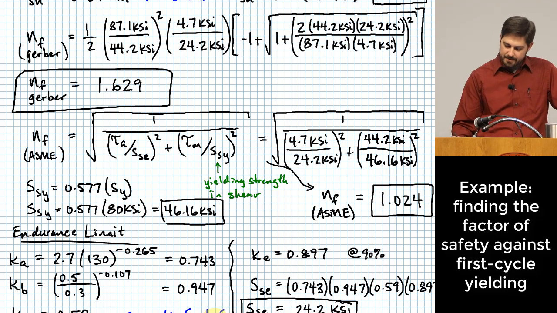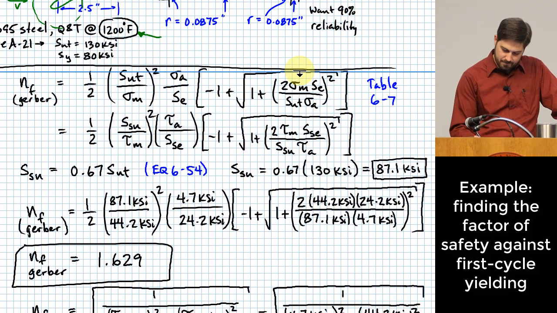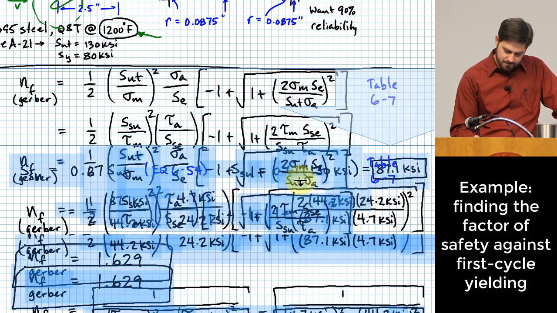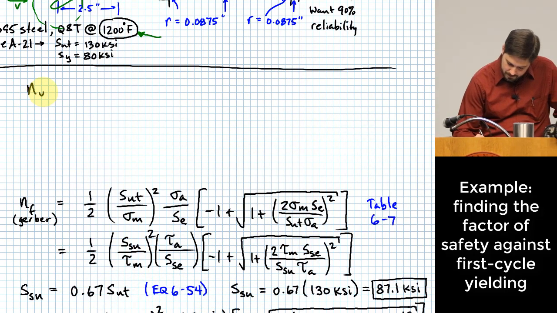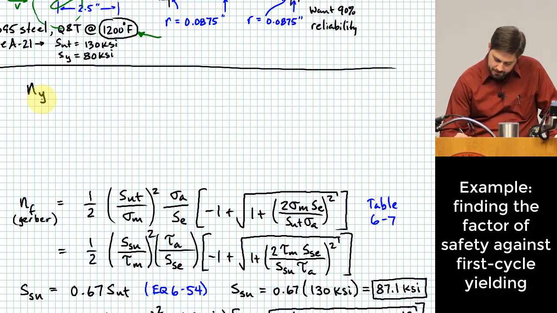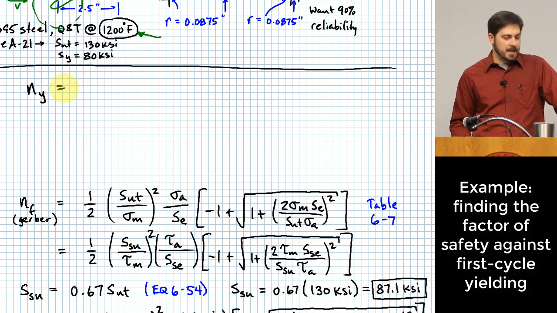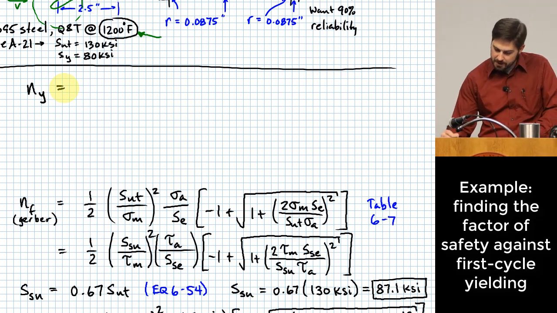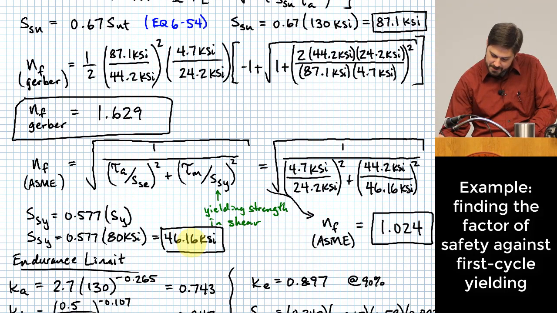How do we do that? The yielding strength for first cycle yielding? What we want to do is take our strength value divided by our stress value. The strength value is that one we just found, 46.16 KSI.